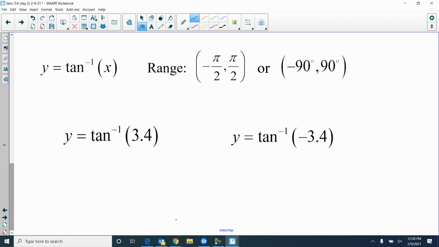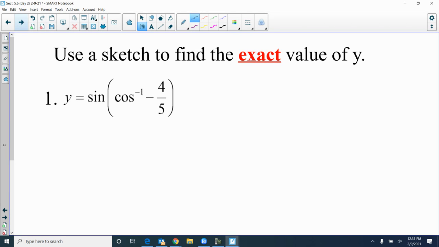Audrey, you got the first one? 73.6. And then you got negative 73.6? Or the second one? All right, one's 73.6, one's negative 73.6. So again, we're just trying to hit what type of answers you are going to get back. All right, we talked about this earlier.